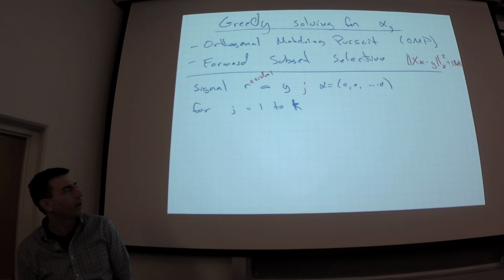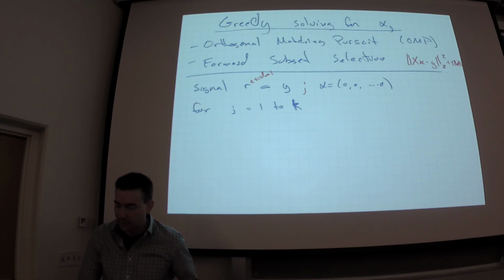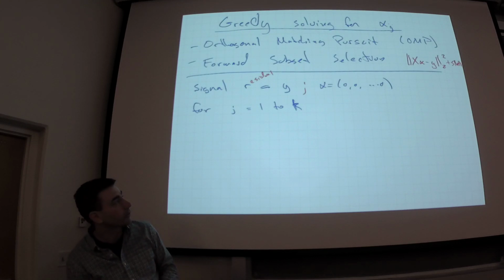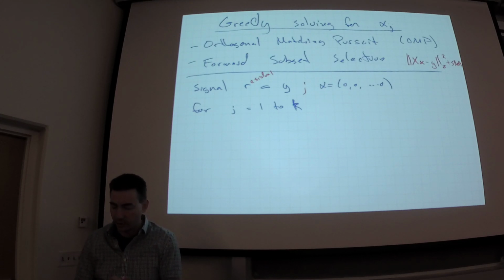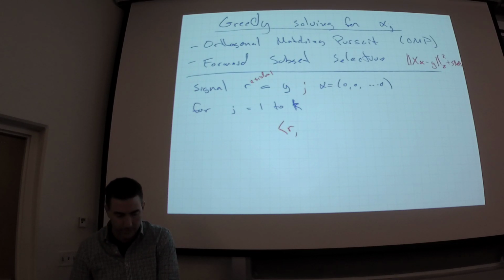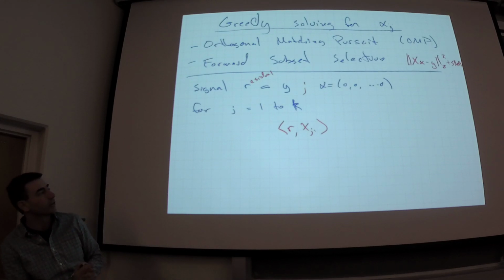It turns out if I take this least squares and do an expansion of it, it is going to be minimized when I maximize a cross term. So I'm going to take the dot product of r with xj.